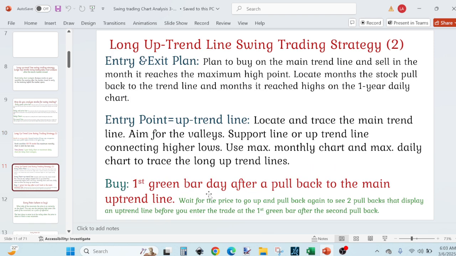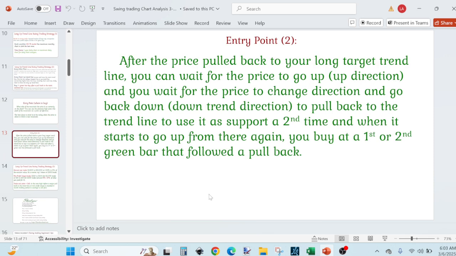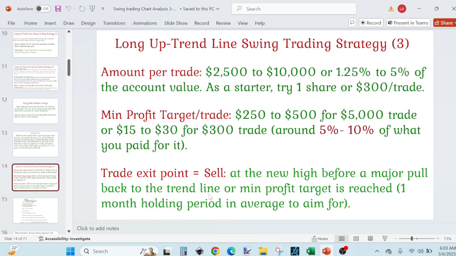And using the long uptrend swing trading strategy, if you have a full-time job, you'll be able to manage it in the sense that you are not going to buy stocks every day. Therefore, you are not going to have a lot of transactions to record every day in your swing trading spreadsheets. But you are going to analyze your stocks on a daily basis to get yourself familiarized with your stocks' charts.